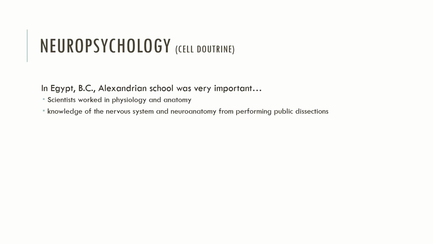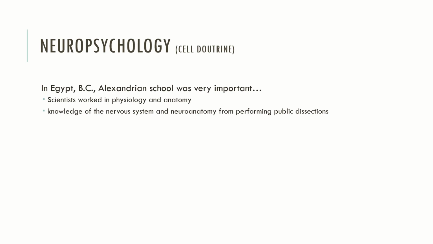Scientists worked hard on new advances in physiology and anatomy, and knowledge of the nervous system and neuroanatomy stemmed from the performing of public dissections. So these scientists started to perform public dissections on dead people. These dissections boosted the knowledge about the nervous system, which is also very important.